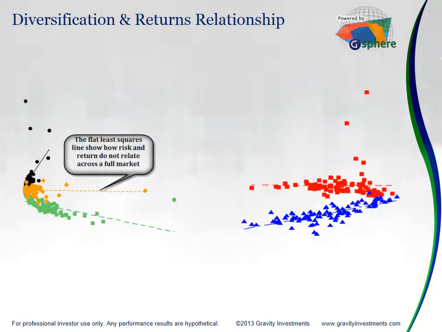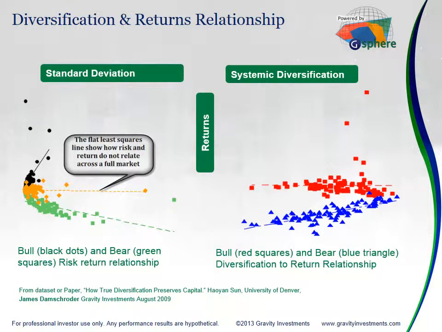Well, we went ahead and took a step to examine the relationship between diversification and returns and contrast that to a risk-return relationship. And I think this is pretty telling. On the left-hand side, we see a relationship between standard deviation and returns. And we graphed, I believe, right about 100 assets.